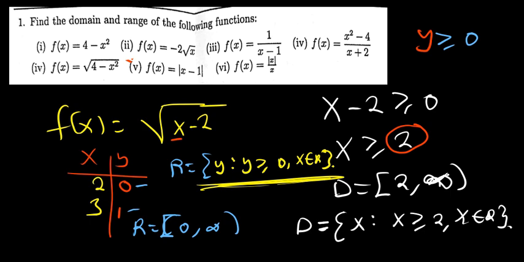So the domain is the one that makes the decision. For this one, it's practically impossible for you to find the range without knowing the domain. You get my point, right?